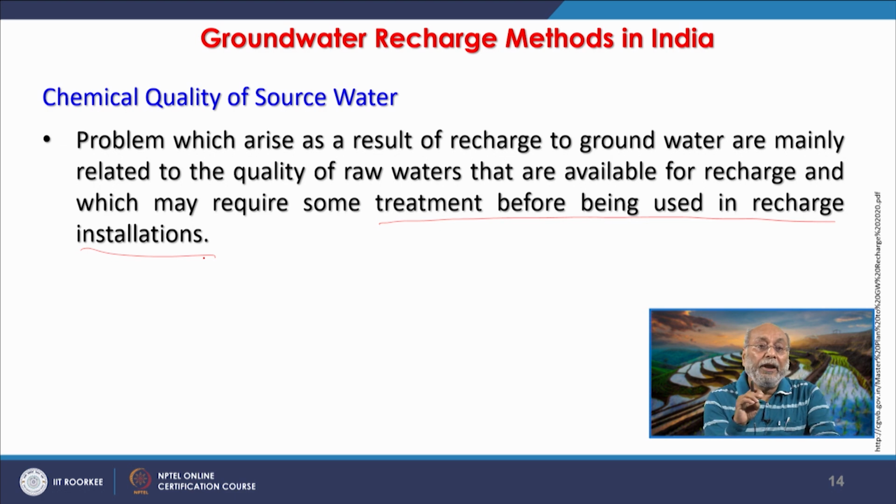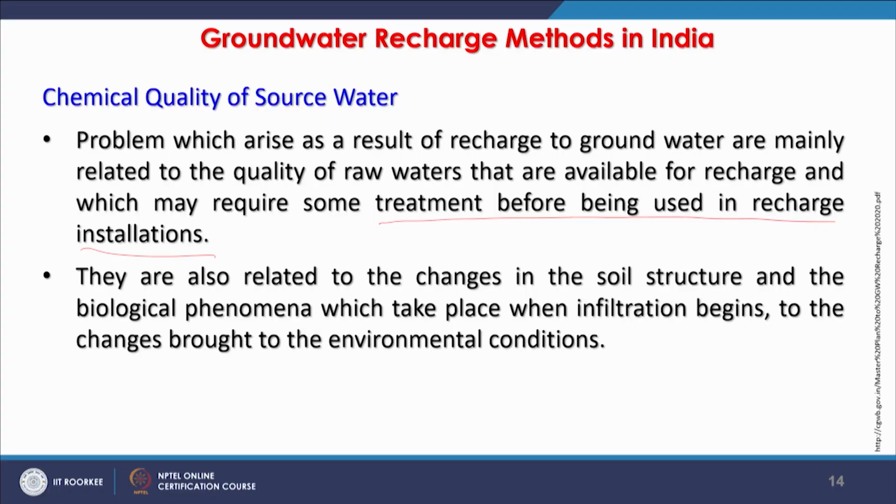Poor quality surface water should not enter groundwater aquifers, because it will really harm our aquifers, and for a very long time these cannot be flushed out either. So, all efforts should be made to establish that the water going inside through groundwater recharge structures is of good chemical quality.